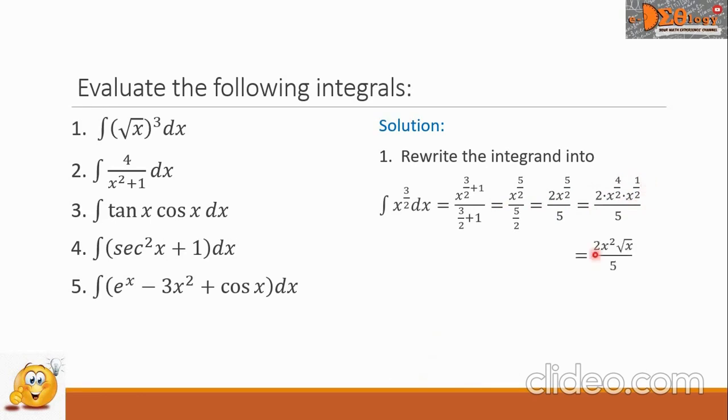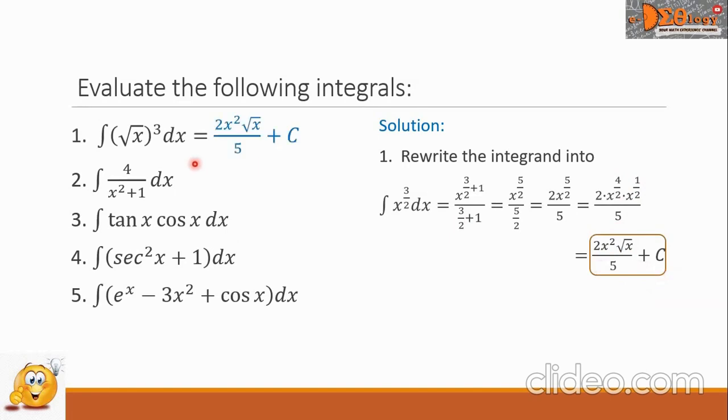So we have now 2x squared square root of x all over 5. Then we will add the plus c. This is now the final answer. Let us copy this answer opposite problem number 1.